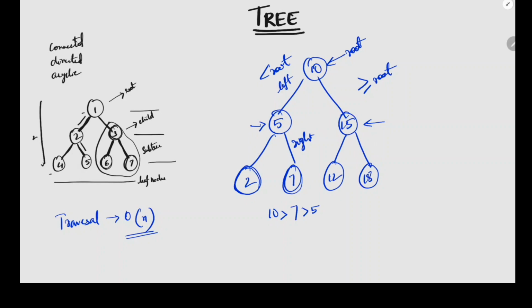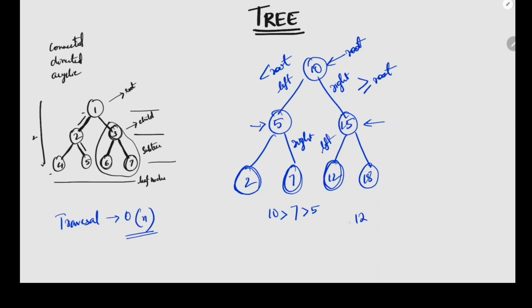These properties apply throughout the tree. If you look at the right subtree, 15 is greater than 10 as we discussed earlier. And if you look at the children of 15, the left node will be less than 15, whereas greater than 10, because this side of the tree is to the right of the root, whereas left of the immediate parent.